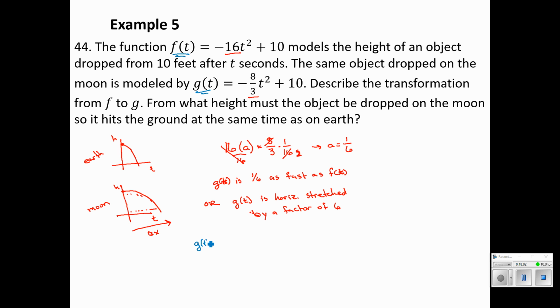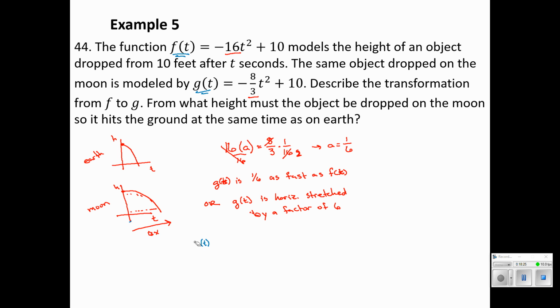Must that be dropped so it hits the ground at the same time as on Earth? Oh, I'm sorry, I'm going about this kind of backwards, aren't I? What we want to know is, here, let me erase a bit there.